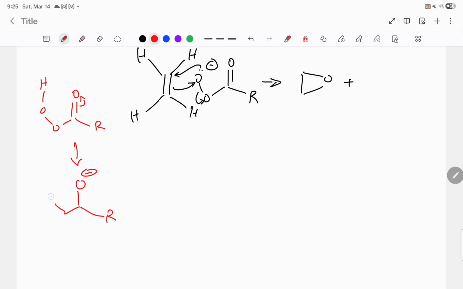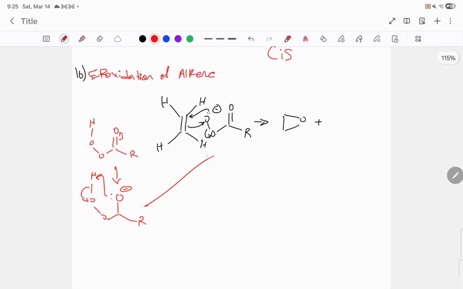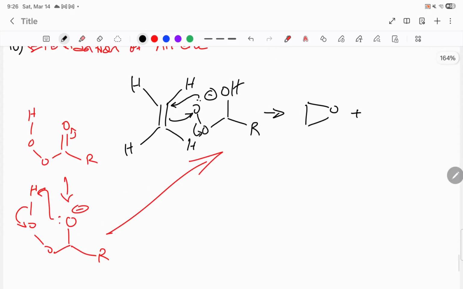And gets that. And now this will come and grab that, all right? And the bond will go here, and we will end up with that molecule. Okay, so actually, sorry, this should be this. Okay, there you go.